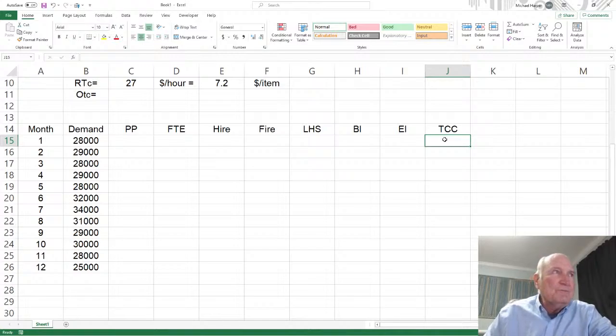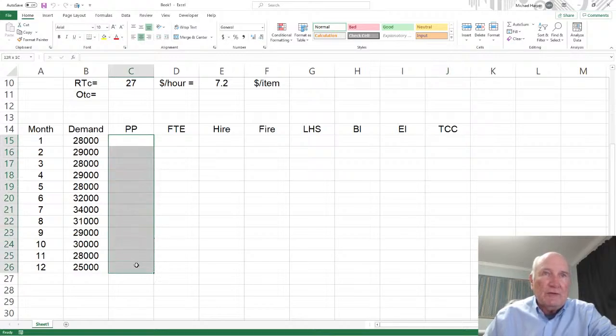Okay, here we go. So what I'm going to be doing here is setting this up, and the idea here is that first of all, our production plan. Well, our production plan, I'm going to select my production plan.